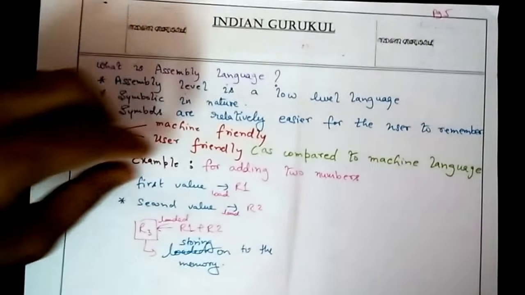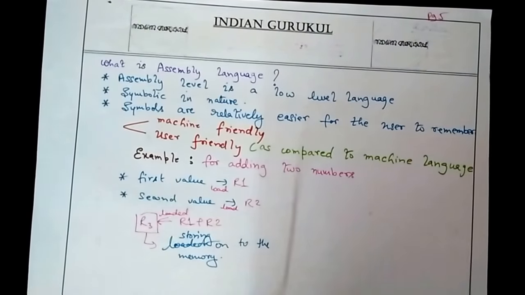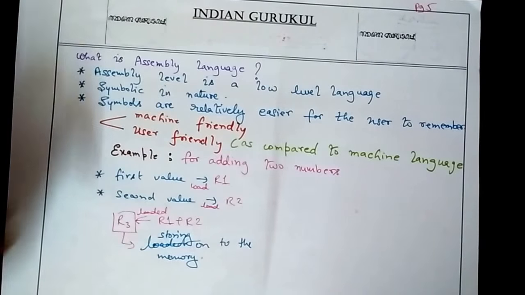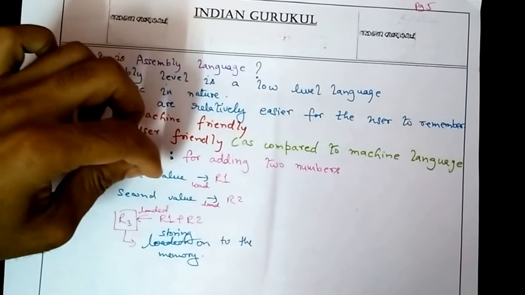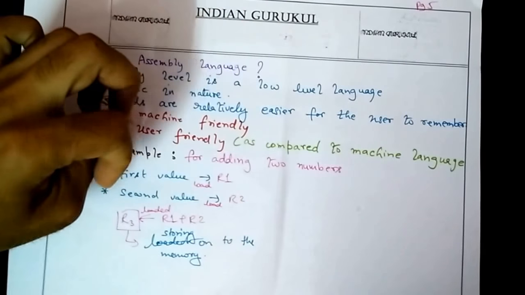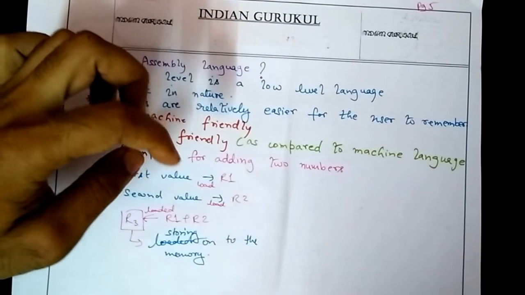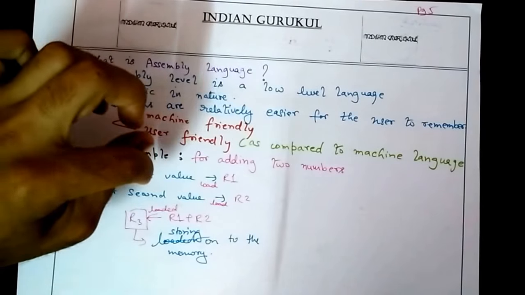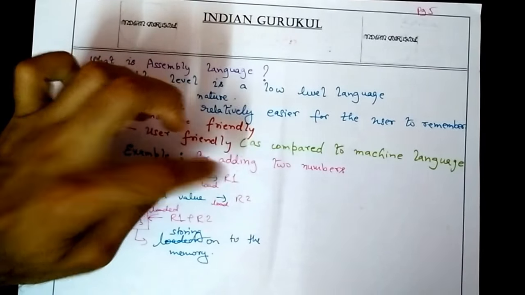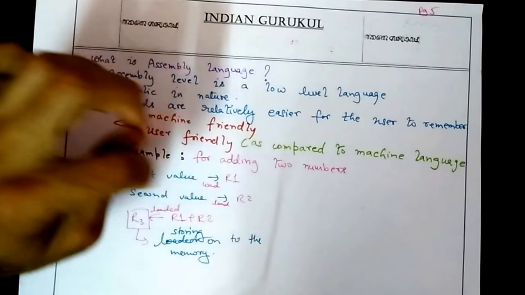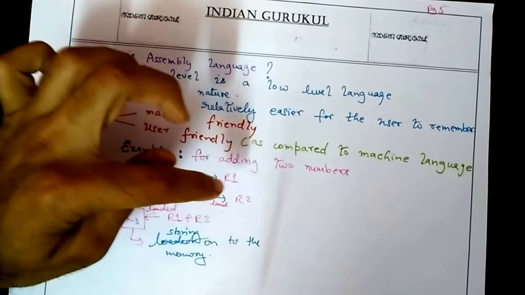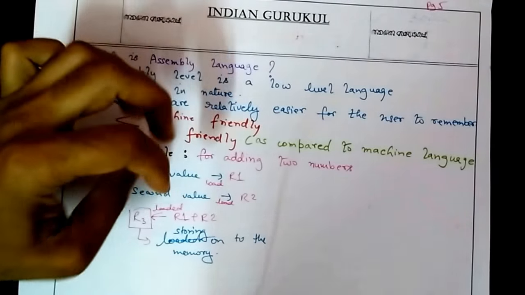So a register is also a type of memory. For adding two numbers, we need two values. First of all, we will load the first value from some memory address of the permanent storage into the register R1, and we will load the second value into some other register R2.